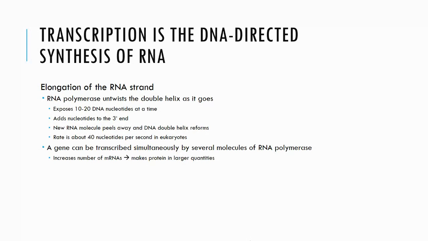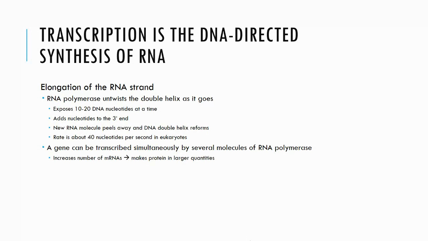The rate of transcription is about 40 nucleotides per second in eukaryotes, and genes can be transcribed simultaneously by several molecules of RNA polymerase. So one starts and then another and then another. And that's important to, 1, increase the number of mRNAs and therefore make the protein in larger quantities, because 9 times out of 10, just making that one protein is not enough.